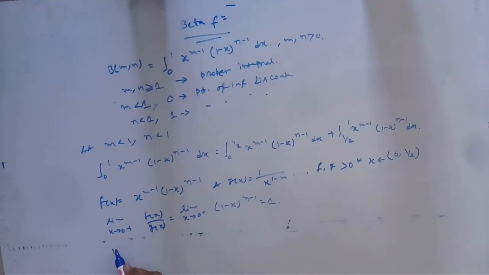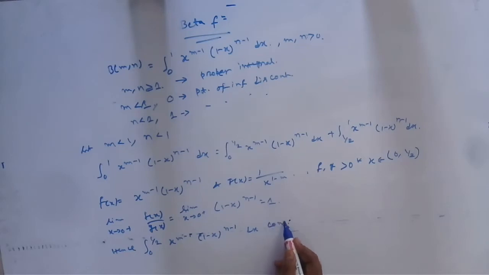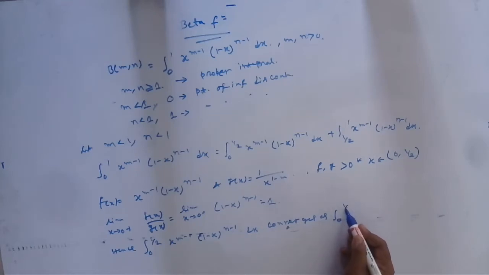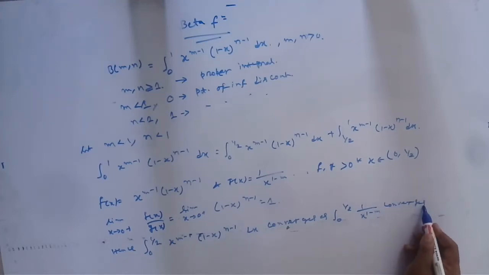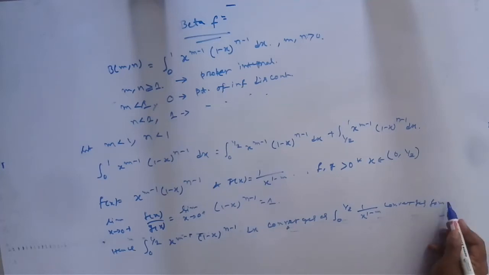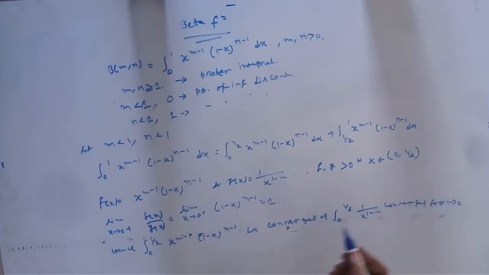Hence integration 0 to half x to the power m minus 1 (1 minus x) whole to the power n minus 1 dx converges, as integration 0 to half 1 by x to the power 1 minus m converges for m greater than 0.